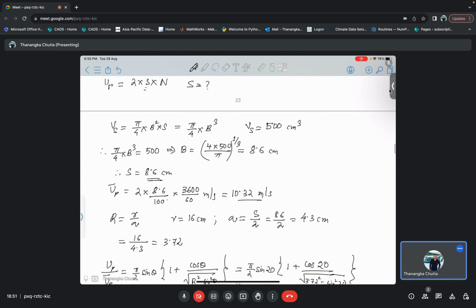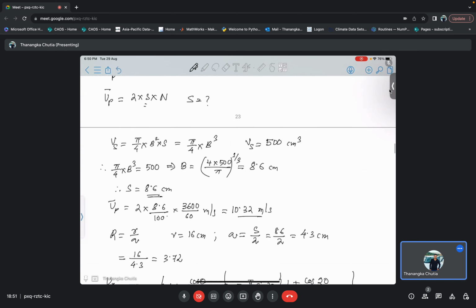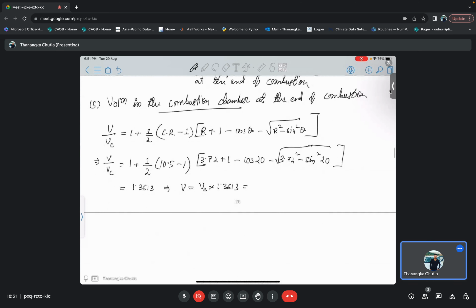Clearance volume, 52.63. 52.63 into 1.3613 centimeter cube is 71.64 centimeter cube.